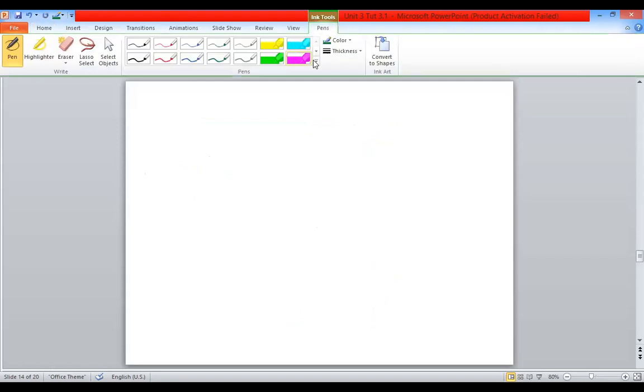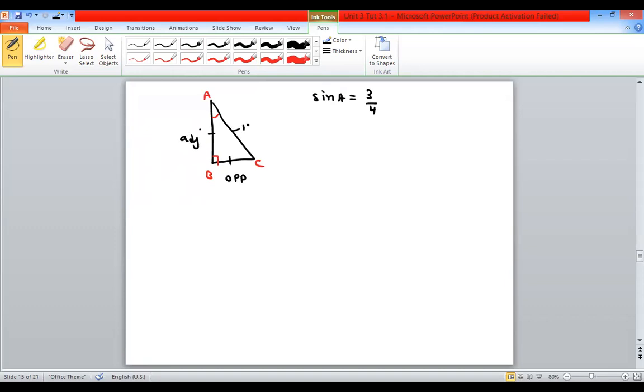So this is your triangle, this is your ABC. Sin A you have, it's 3 by 4. This is opposite, adjacent, and hypotenuse.